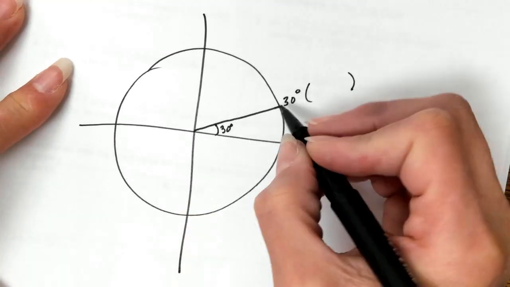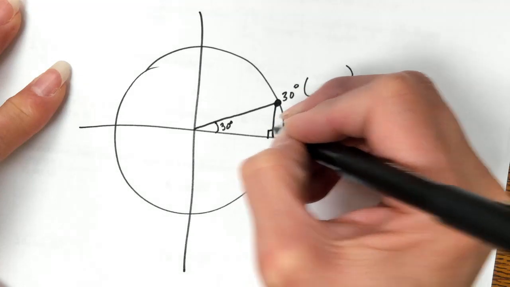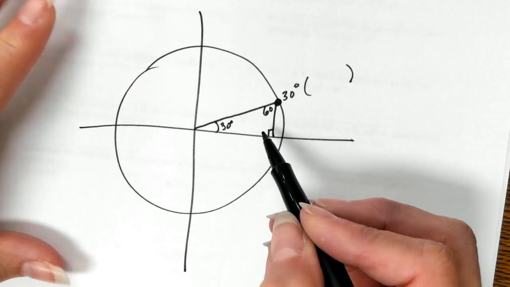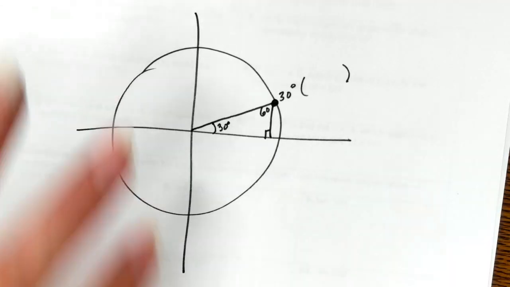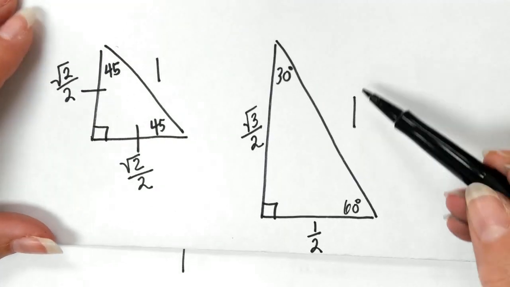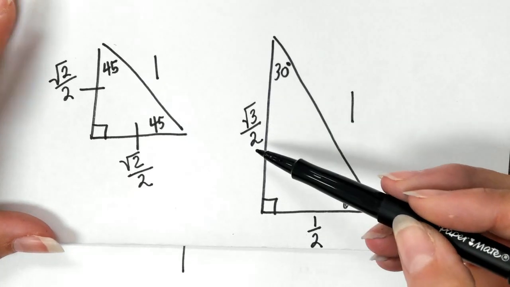But 30 degrees, if you're looking for that point, you drop a 90, and then you have this 30, 60, 90 triangle. Now, I wrote down in our last video that your favorite two triangles: when you're doing 30, 60, 90, the hypotenuse is 1, the short leg is 1/2, and the long leg is radical 3 over 2.